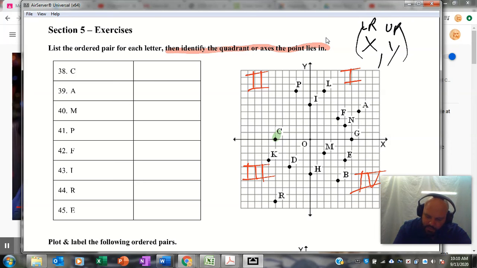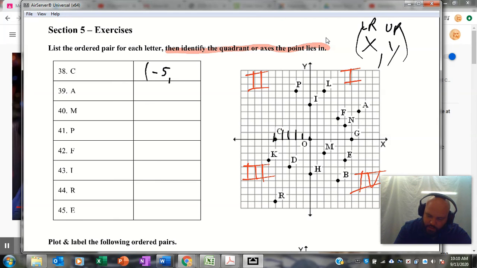So let's see here. We're going to start at the origin, which is right there, and we're going to go left 1, 2, 3, 4, 5. So we went left 5 from the origin. The origin meaning that's the center part right there. Since we went left, the x value is going to be negative, and we moved 5, so it's negative 5.